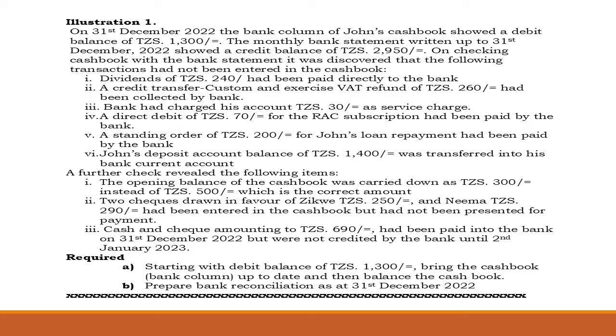On checking the cash book with the bank statement, it was discovered that the following transactions had not been entered in the cash book. 1, a dividend of 240 had been paid directly to the bank.